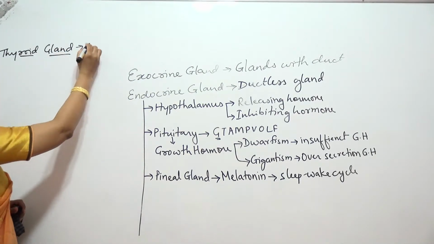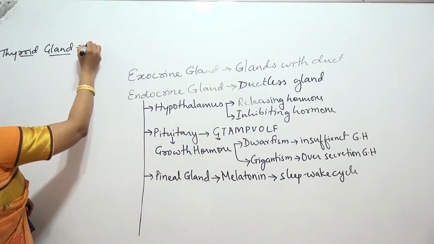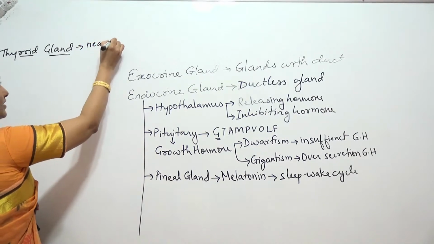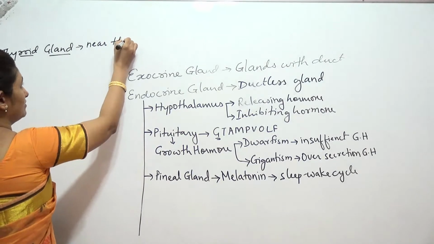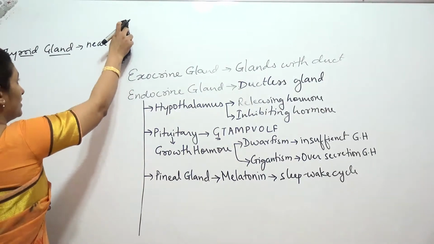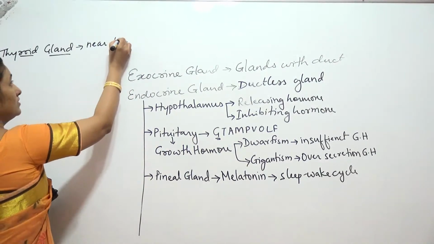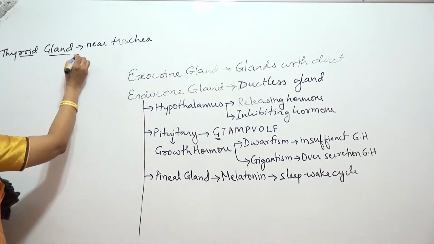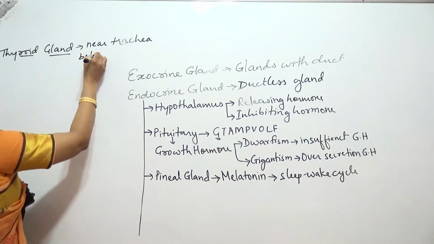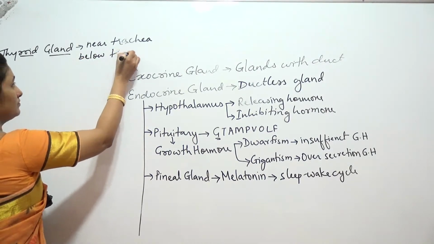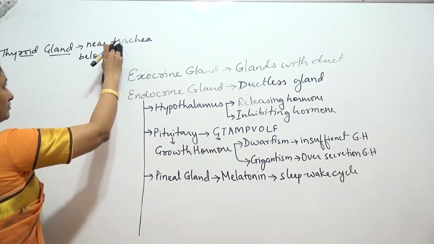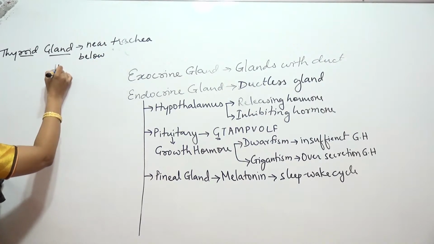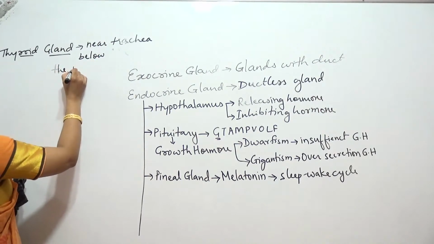The thyroid gland is present near the trachea, below the larynx.